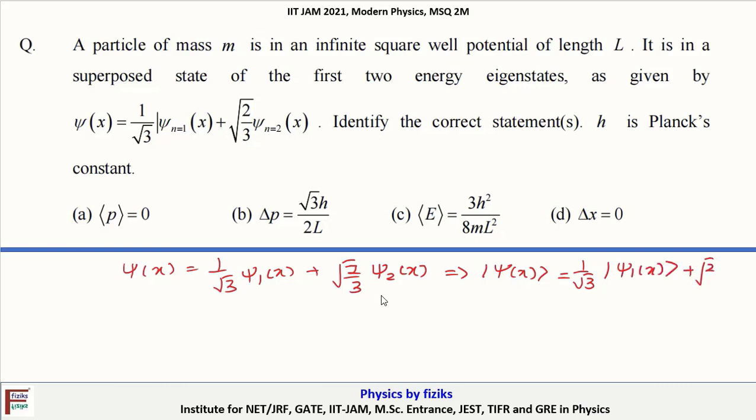Now, the question is asking to determine the correct statement. First, we all know average P is always 0, and for this state it is also 0. You can check it out.